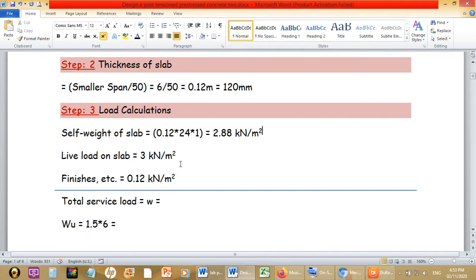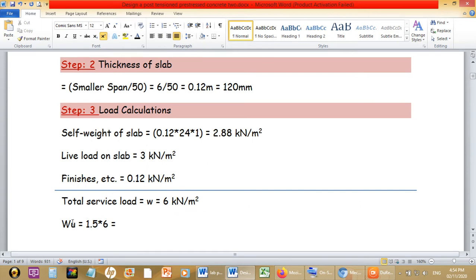Live load is directly given as 3 kilonewton per meter square, and we assume the floor finishes as 0.12 kilonewton per meter square. All together, if we consider all the loads, the total service load is the addition of 2.88 plus 3 plus 0.12, which is 6 kilonewton per meter square.